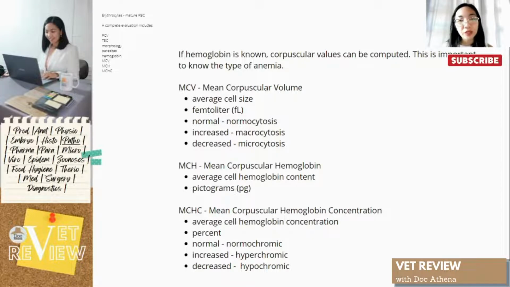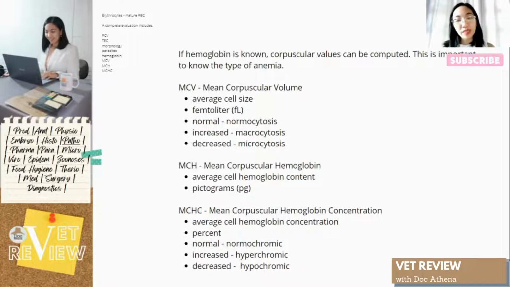MCV is the mean corpuscular volume, and this is the average cell size, and it is expressed in femtoliter or FL. Normal size is called normocytosis. Increase in size would be macrocytosis, and decrease in size would be microcytosis.